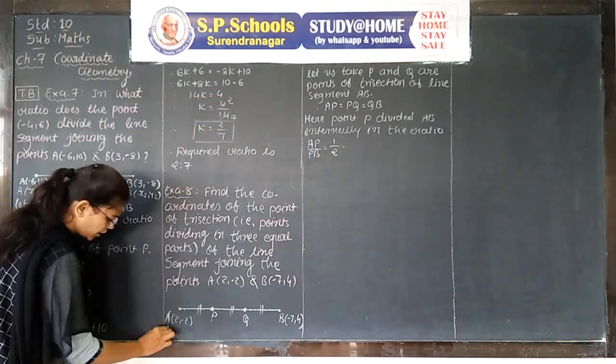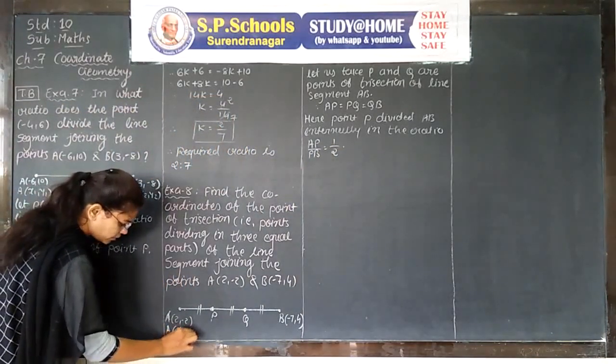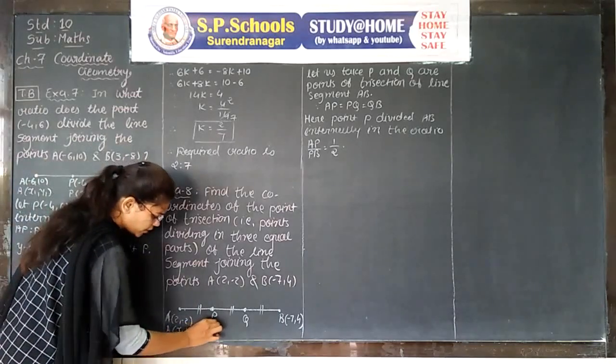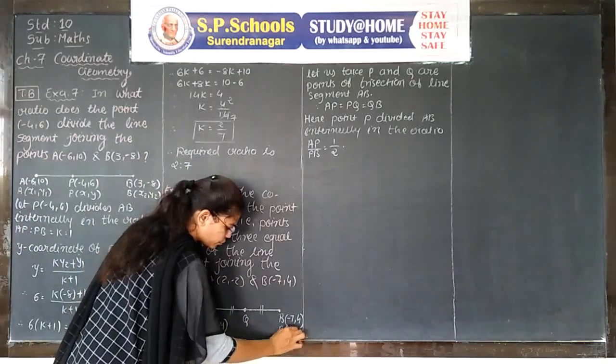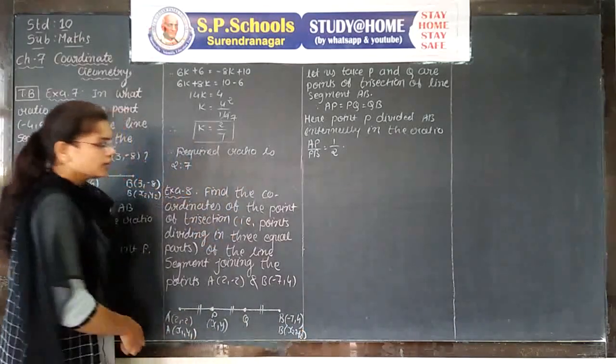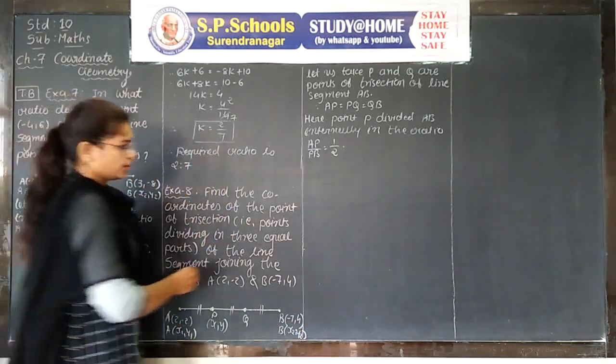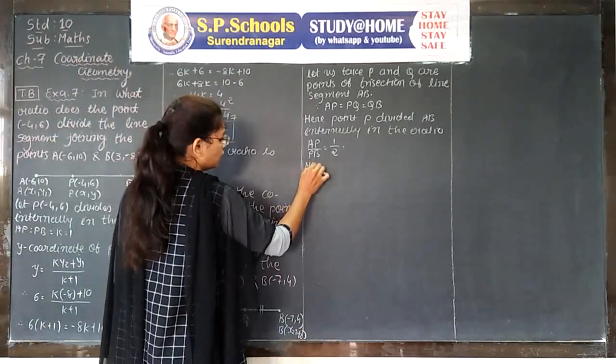The first point A is called (x1, y1), the point of division is called (x, y), and the last point B is (x2, y2). Now we apply our section formula.